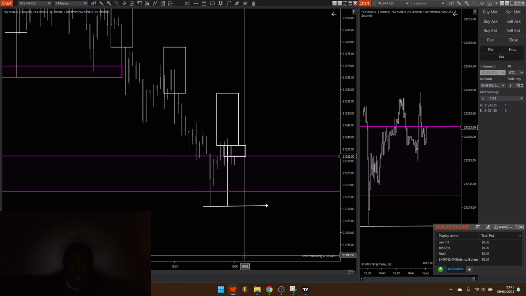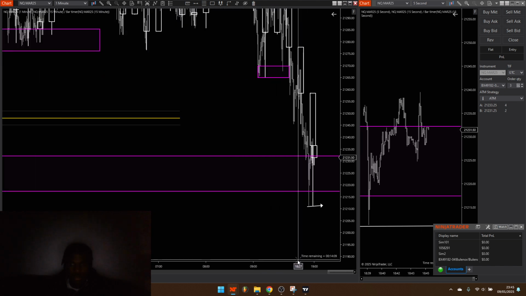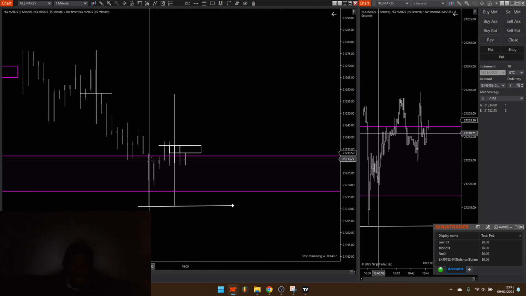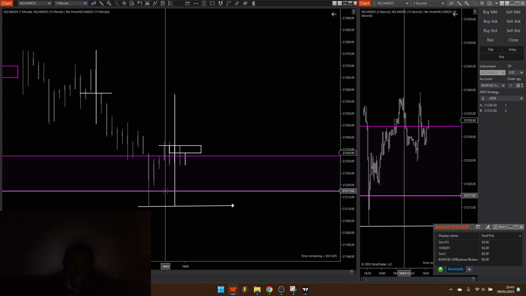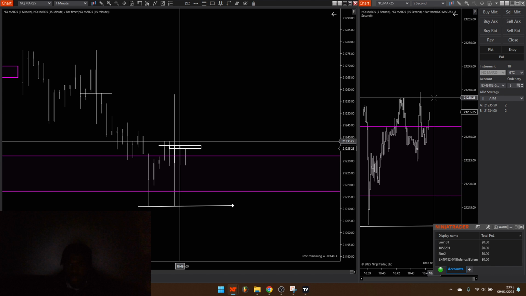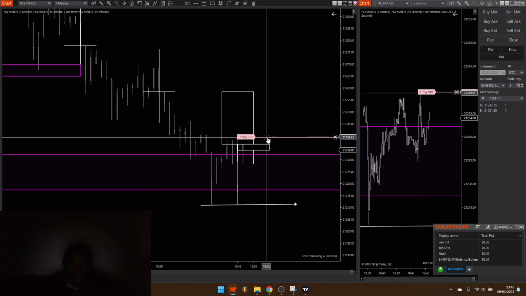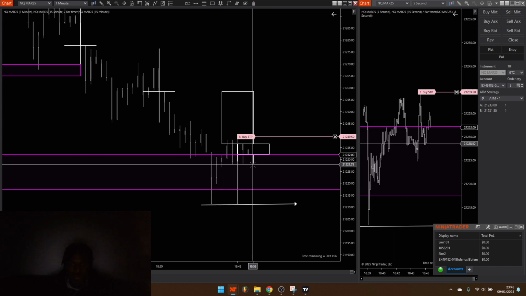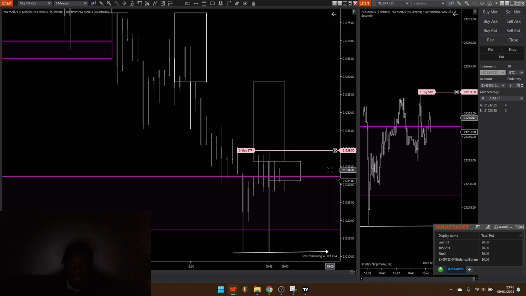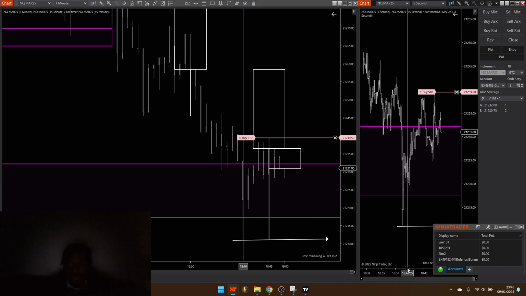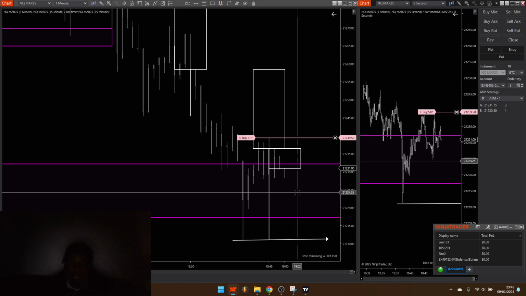Though I am seeing a 50. So we see a failure at the origin of the move. I'm going for it. We see the pullback into the 15-second flip, and I want to see a move out of the 5 second pullback. It's very simple.